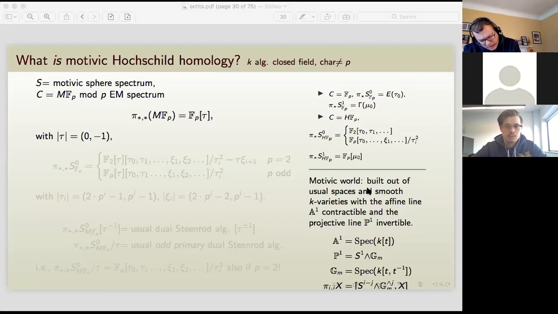And if you want Motivic spectra, which we do, then you just invert the projective line. Okay, so with that in mind, we immediately get the Motivic sphere spectrum, and we can also represent Motivic homology by means of the Motivic mod P Eilenberg-MacLane spectrum.